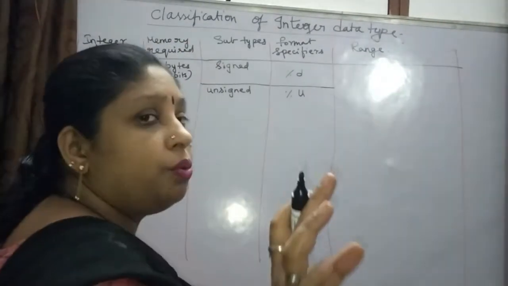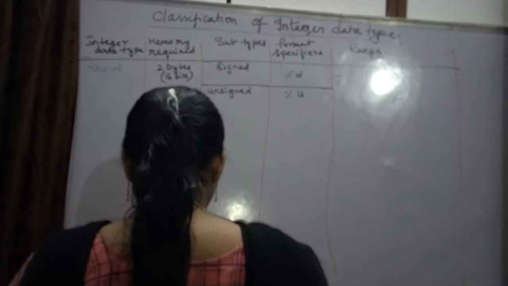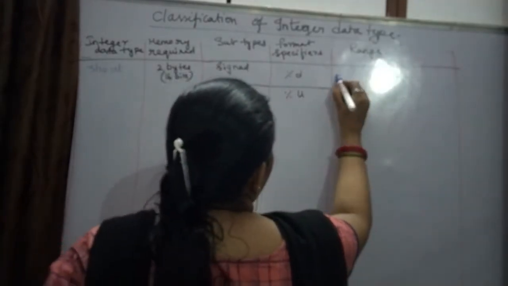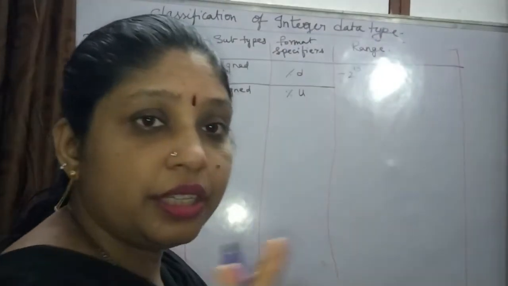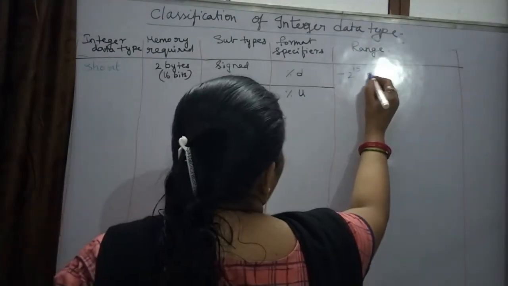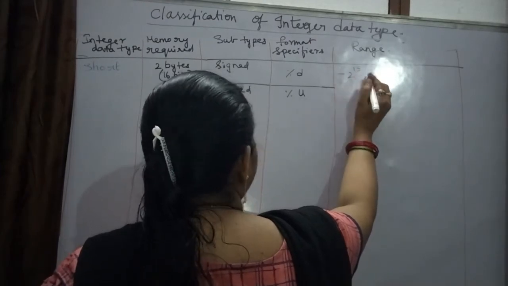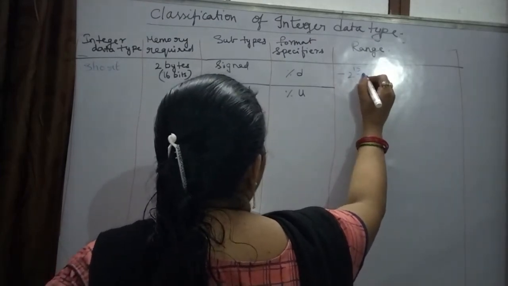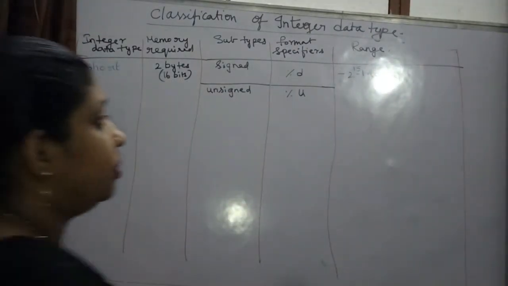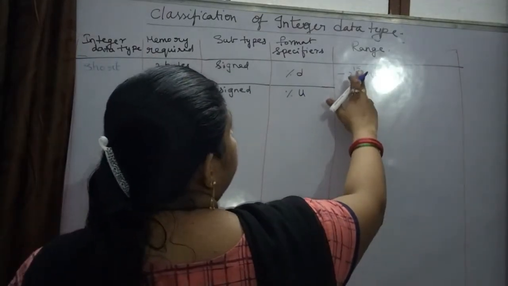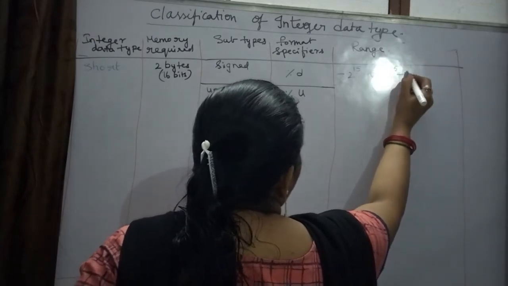So that comes around minus 2 to the power of 15 to 2 to the power of 15 minus 1, where 15 comes from the number of bits we already calculated.